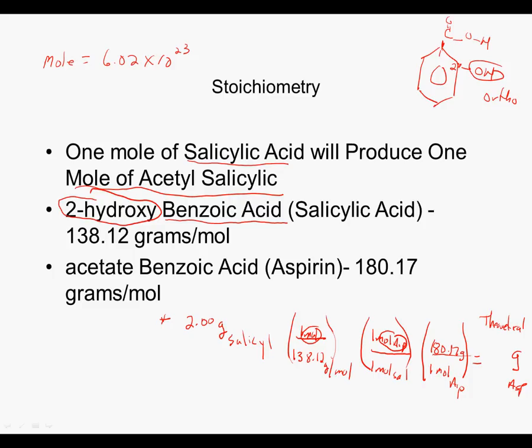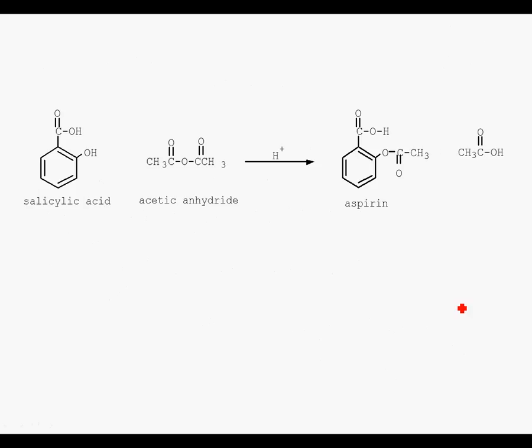The one that gives you the smallest amount of grams of aspirin is what we call the limiting reagent. So if you did the calculation based on the salicylic acid mass and the acetic anhydride, the answer that gives you the smallest quantity of grams of aspirin is what we call the limiting reagent and the correct theoretical mass of aspirin, because that single reactant is really controlling the final quantity.